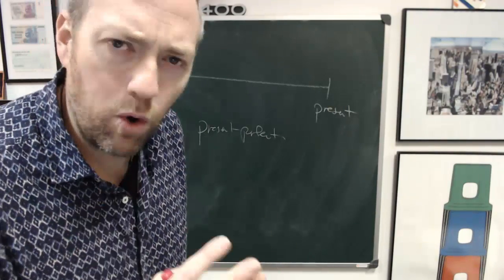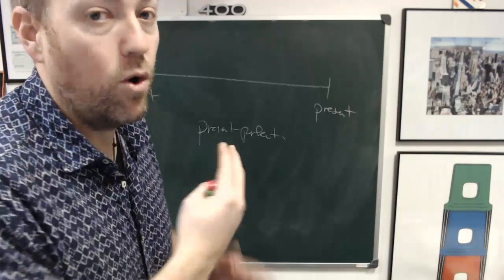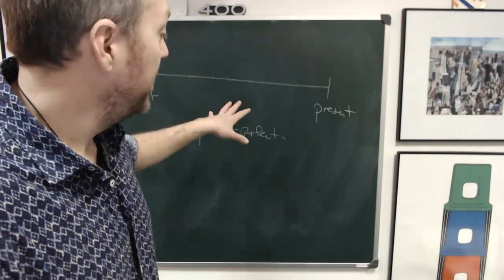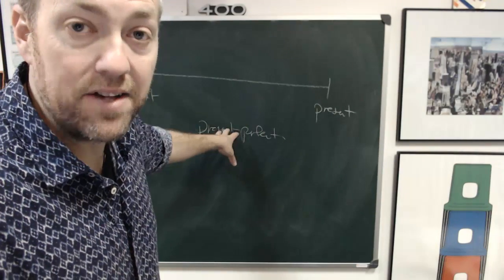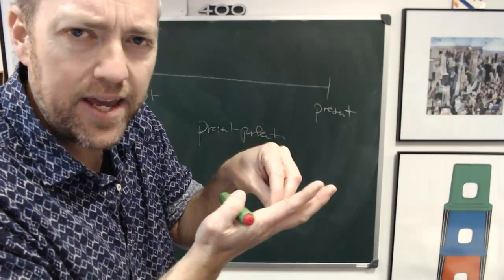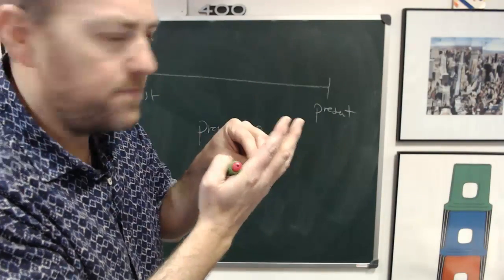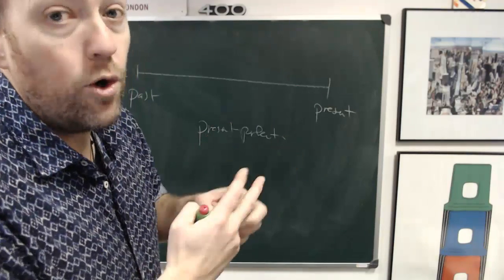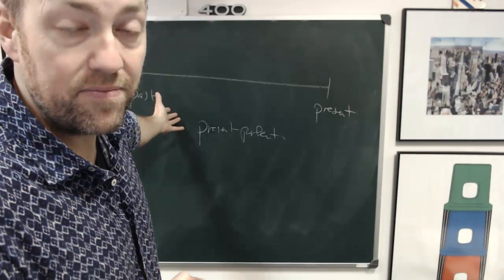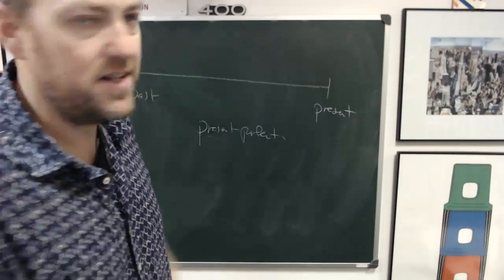It is always talking about things in the past. Always. But it's called the present perfect because these events in the past are strongly related to now. So if I was drawing an event using present perfect, I would draw it from the past until now.